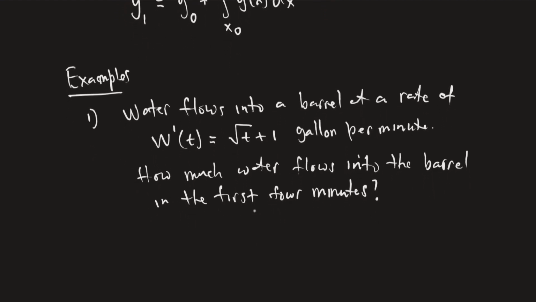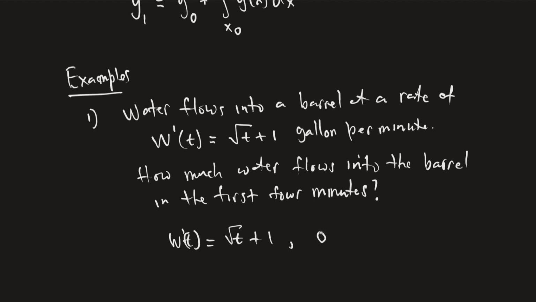First let's write down our derivative. It's the square root of t plus 1. And then let's see what the interval is. Now the first 4 minutes, and our rate is per minute, so all our units are consistent. We don't have to worry about changing the units.